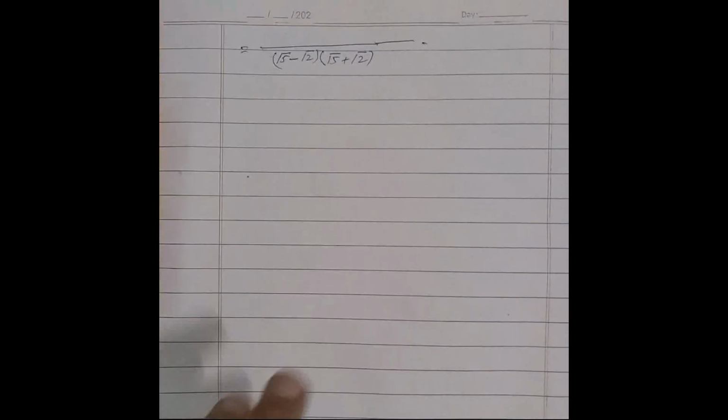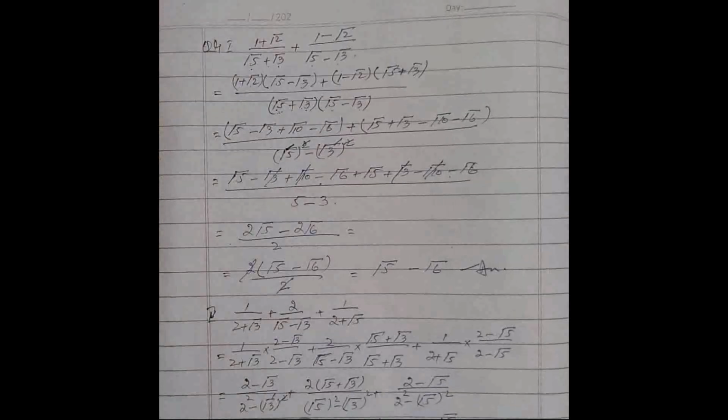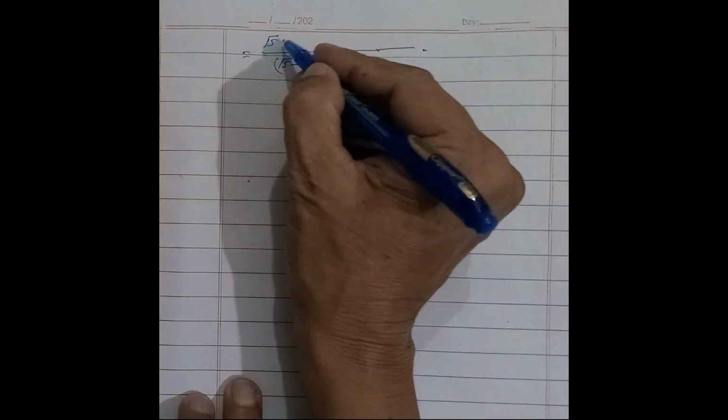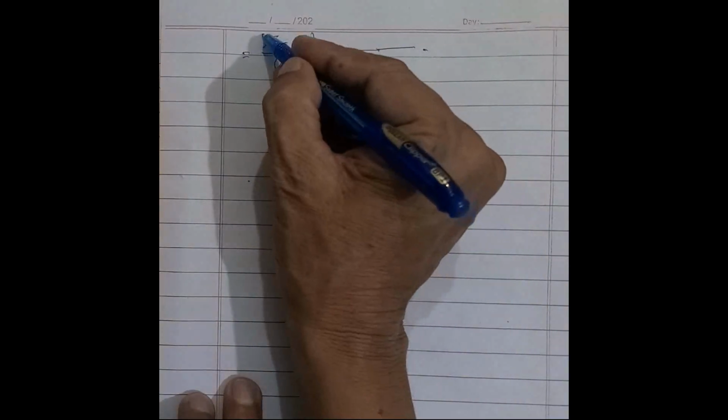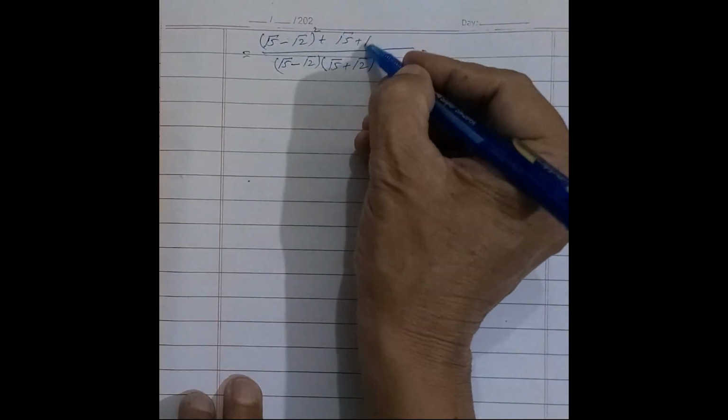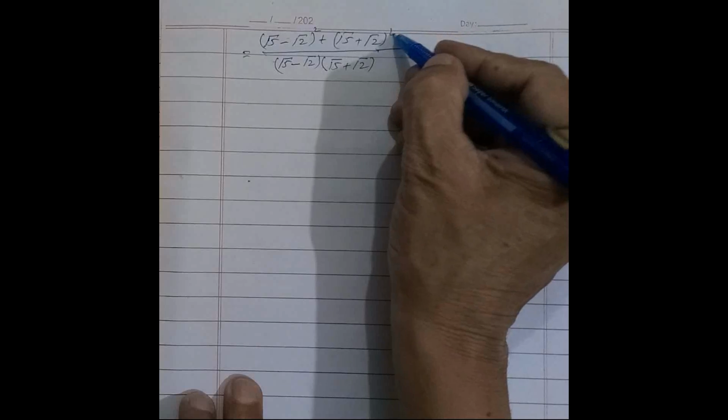And the numerator is square root 5 minus square root 2 whole square plus square root 5 plus square root 2 whole square.